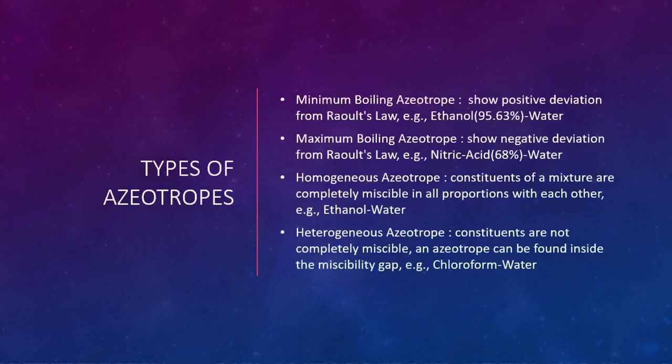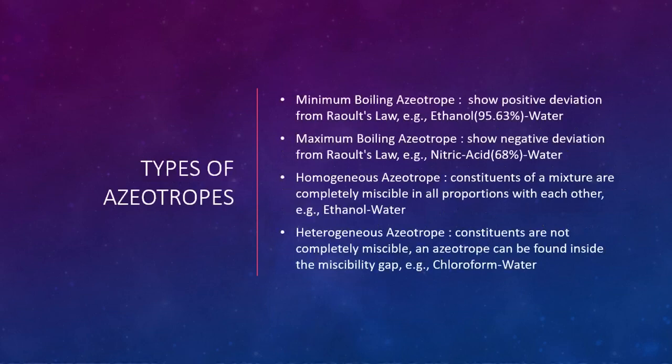If you take a mixture of ethanol and water and you start separating it, when you reach the composition where there is 95.63% ethanol and the rest, 4 point something percent, is water, the separation stops, because that is where the azeotrope is occurring.